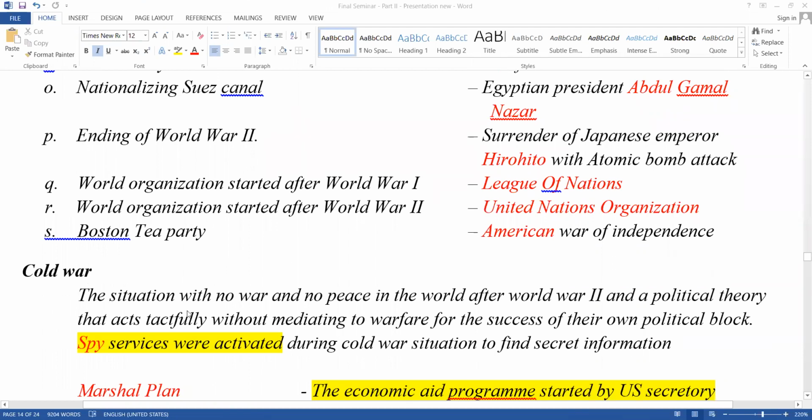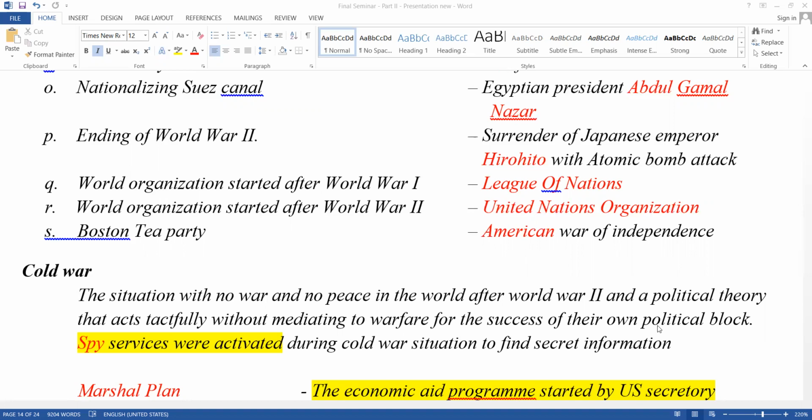What is the Cold War? The situation with no war and no peace in the world after World War II, and the political theory that acts tactfully without mediating through warfare for the success of their own political bloc. You should not memorize this definition by heart because normally the definition is not asked. The USA and Russia became the two world powers after World War II, and they created two power camps under them.